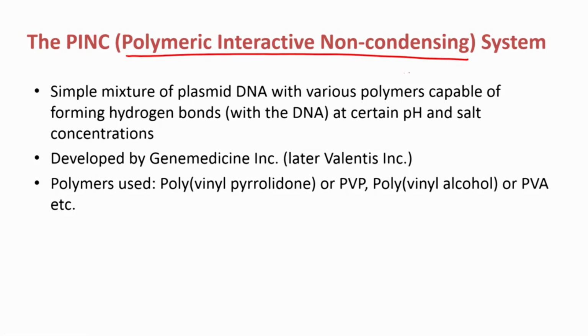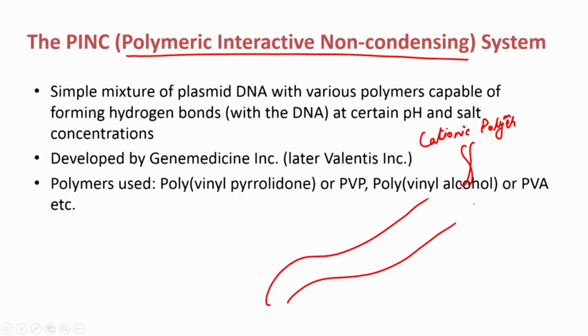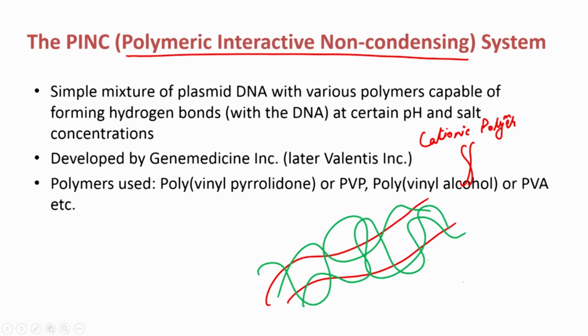So far, what we had talked about was a cationic polymer forming complexes with your DNA. So, let us say if this was your polymer, in this case what you were getting is the DNA complexes entwined in all this, resulting in a particle which is anywhere between 50 to 100 nanometers, or at least that was your target.